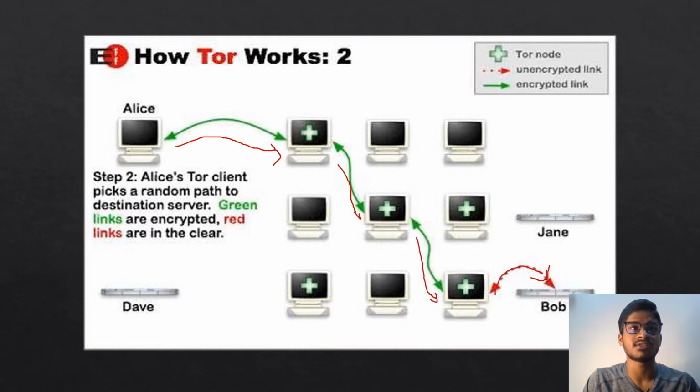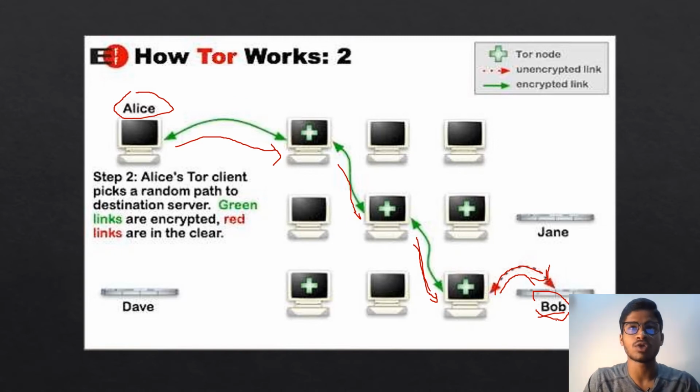Like if she's sending an encrypted anonymous email, say for some illegal activity, just assume that, then this passes through three nodes here. Not exactly three, just to depict it, we have shown three nodes here to go to Bob. Then again when Bob sends a request, it comes back through the same path and reaches Alice. So Alice and Bob here are totally anonymous.